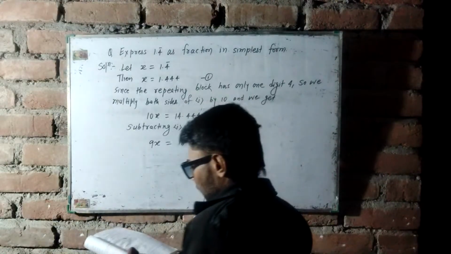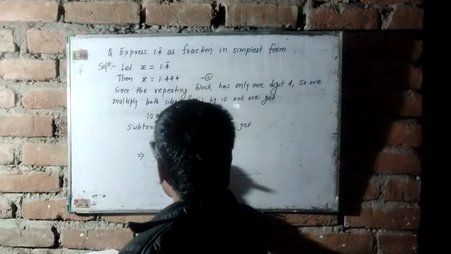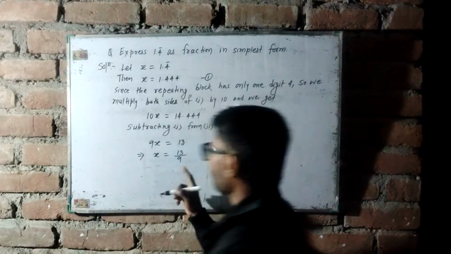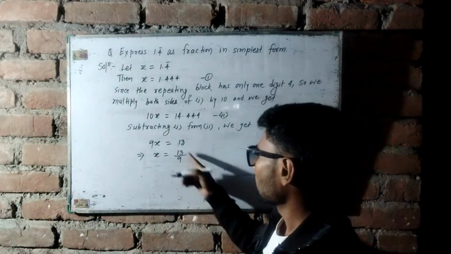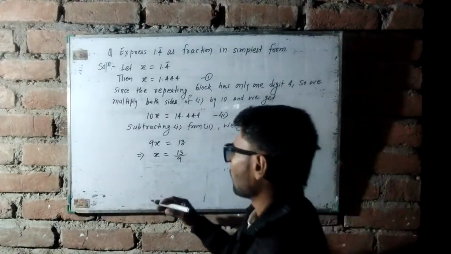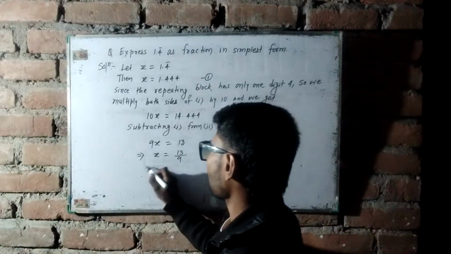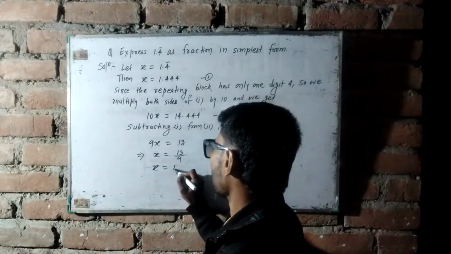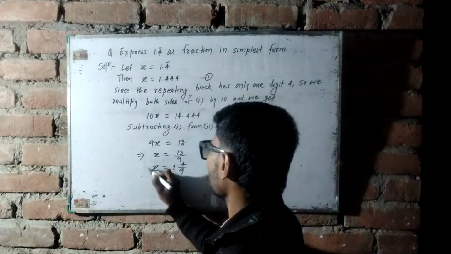Am I right? That implies that x is equal to 13 upon 9. So we have to express 13 upon 9 in its simplest form. You can say as a mixed fraction. So we can write hence x is equal to 1 whole 4 upon 9.